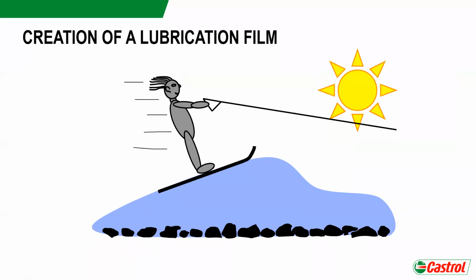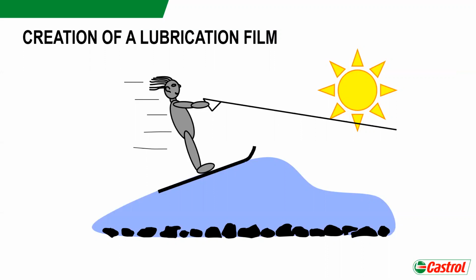To have sufficient lubrication, we have to build in our machines a good lubrication film. And this depends on different things. Also, when we are going water skiing, we have to build a special fluid film under the water ski. Otherwise, the water skier will not have the fun he wants to have.